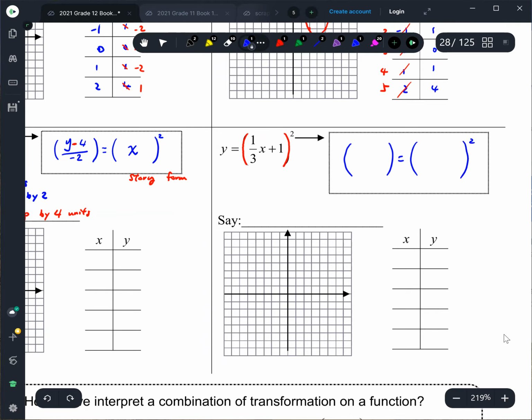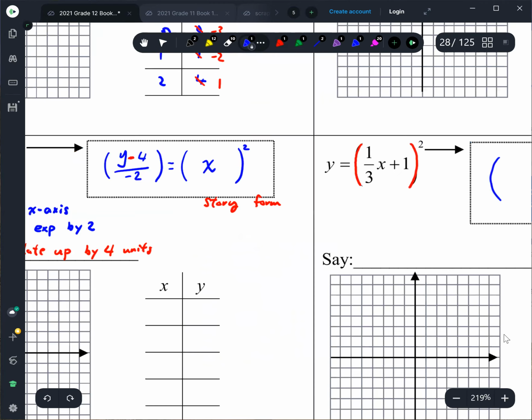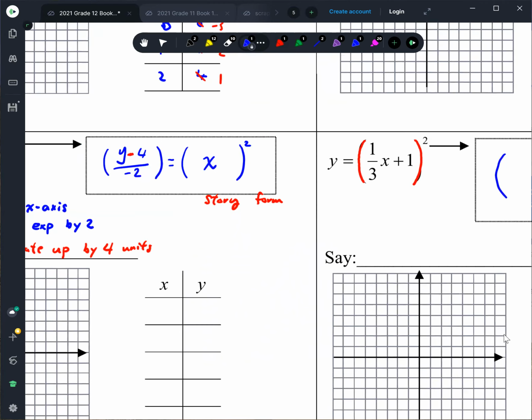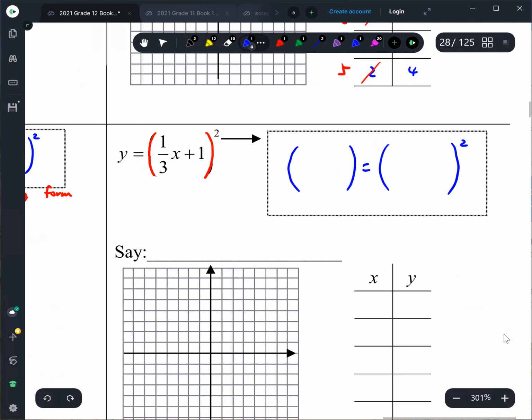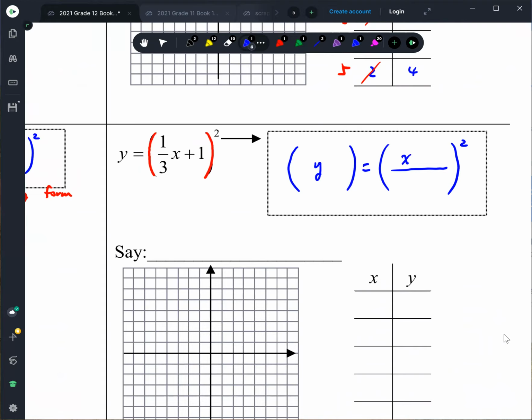If you look at the form that we had before, the last one, the y has to be clean, right? Just one y, add or subtract, over something. So same with this one, we need to have x add or subtract over something, okay? The y is clean, so y is by itself. All right, so please try to change into story form. This one is a little bit harder, right?